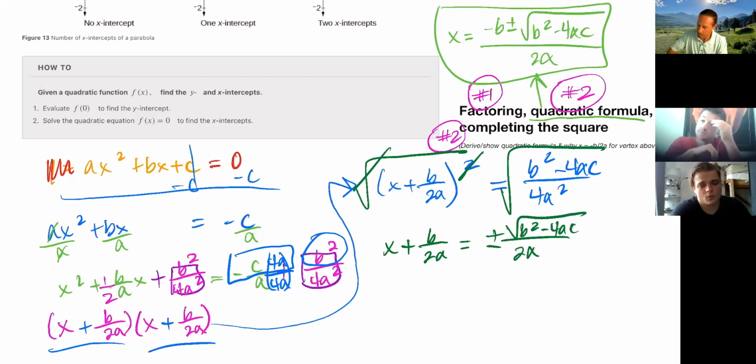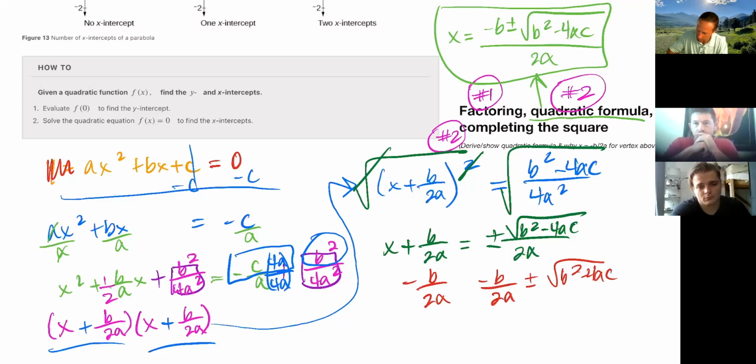And remember our whole goal here. I know it's easy to forget. What were we trying to do? Solve for x. Solve for x, get it by itself, and now there's only one thing that's left to do, and that is to subtract my b over 2a from this. And remember, can we add or subtract fractions?